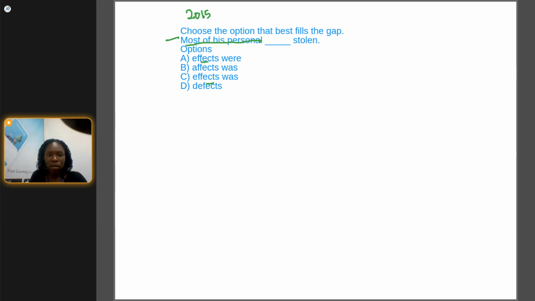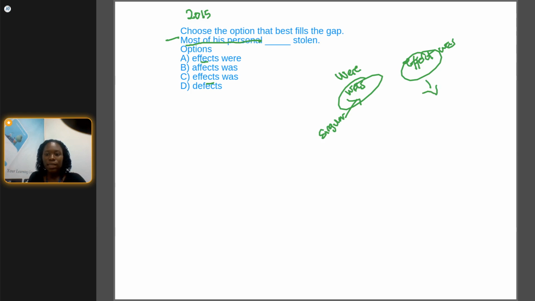The subject, most. When you talk about most, it means you are talking about something that is more than one. So if you're talking about something more than one, do you use were or do you use was? For singular, you use was. So if it was effect was, then you could have said it is effect was. Again, do not forget that this means personal belongings.